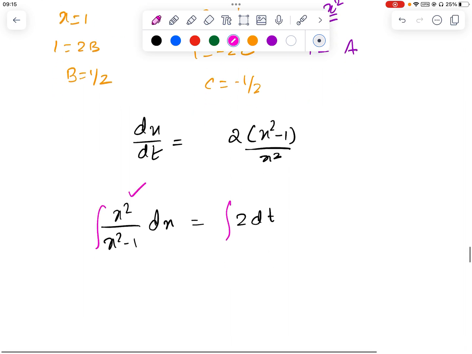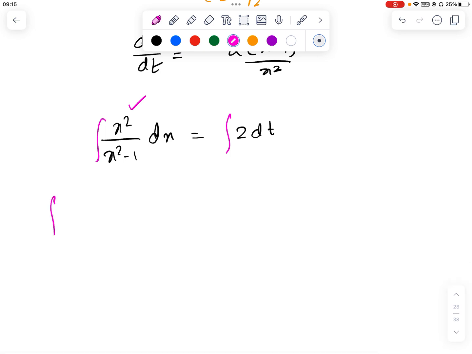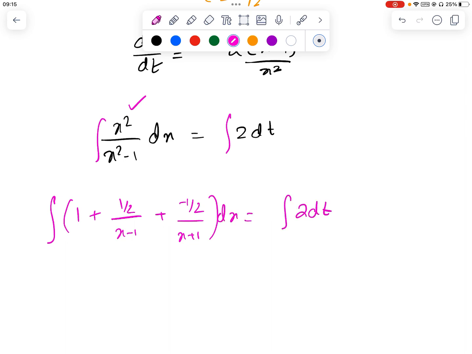Now these are the partial fractions of the question. The integral of 1 + (1/2)/(x - 1) + (-1/2)/(x + 1) dx equals 2 dt. So it becomes x + 1/2 ln(x - 1) - 1/2 ln(x + 1) equals 2t + c.